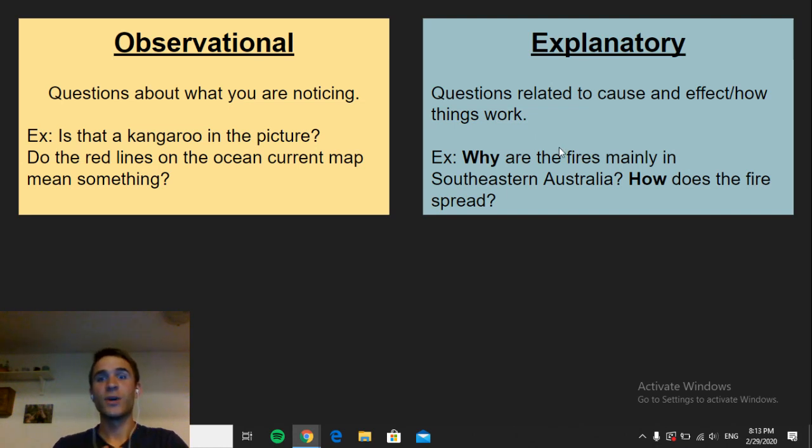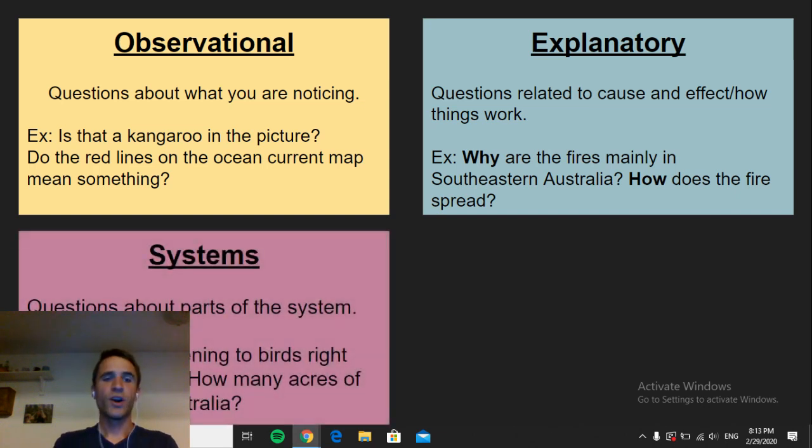Generally, as a teacher, guys, these questions are a lot more difficult for me to answer when students ask them, right? Because they tend to involve much more explanation, hence the word explanatory, right? When a student or a scientist asks this type of question, they're really trying to understand how something works or why something does what it does, right? Those are explanatory questions.